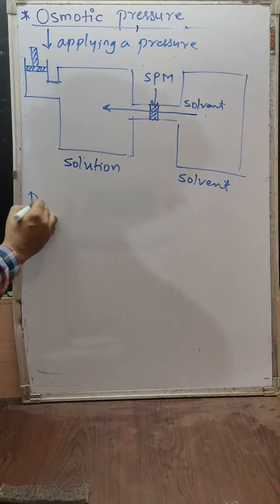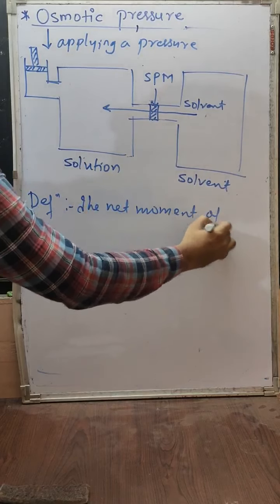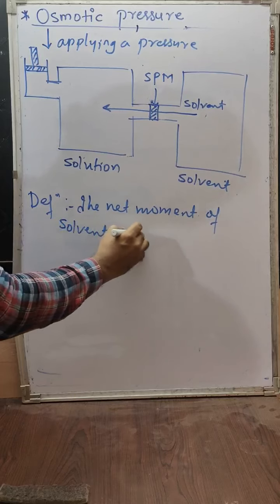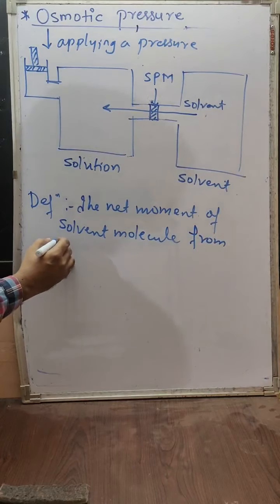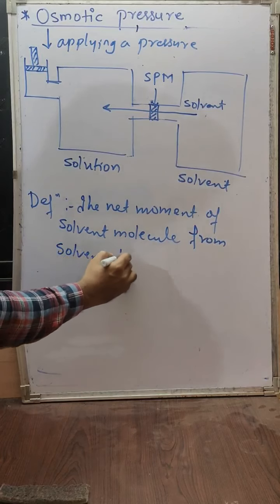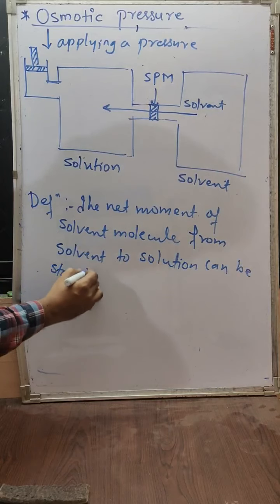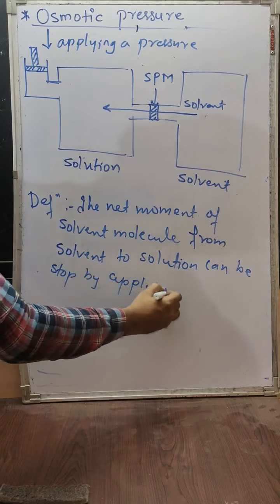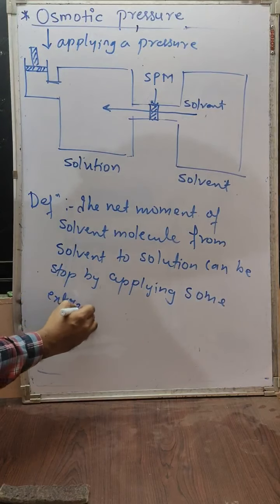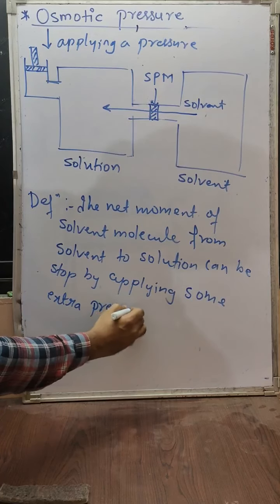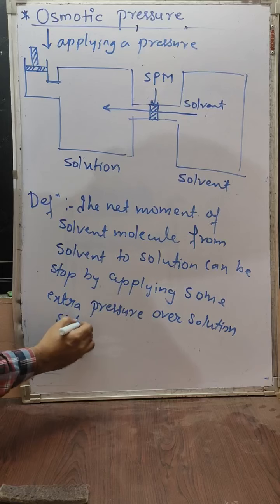So we define what is meant by osmotic pressure. The net movement of solvent molecules from solvent to solution can be stopped by applying some extra pressure over the solution side.